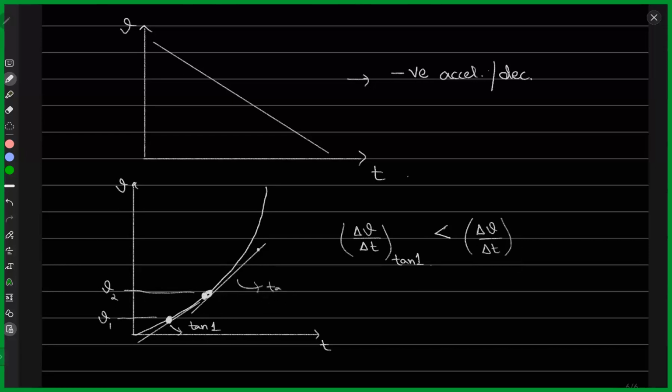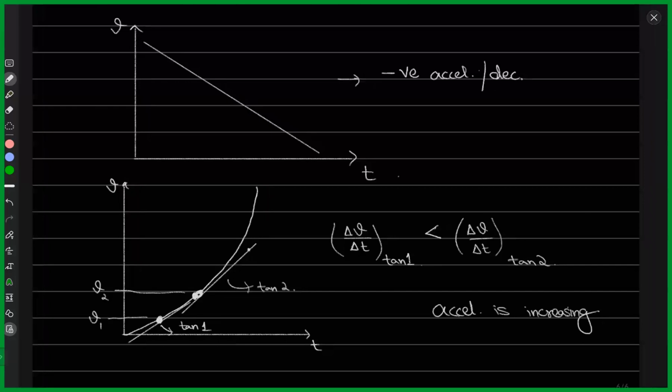So if this is tangent 2, it means that at 2, the change in velocity by change in time has increased, which means that the acceleration is increasing. So is that clear for everyone? Yes. Okay, great. So if that's clear, you'd also understand the same concept for decreasing acceleration, right?